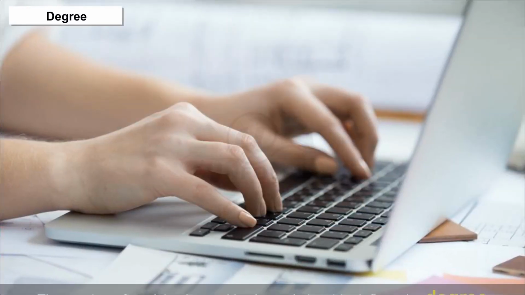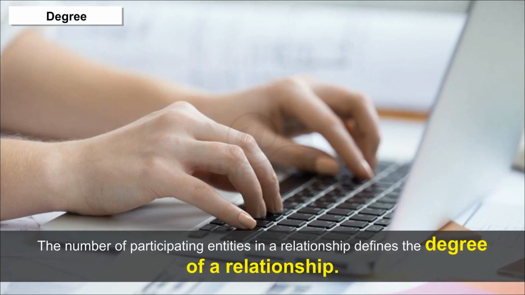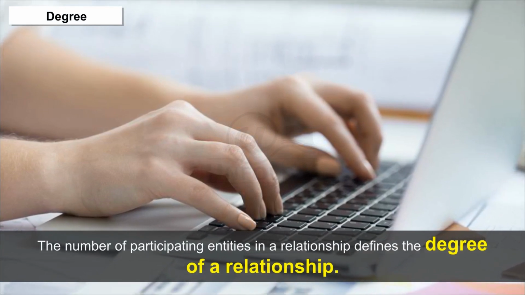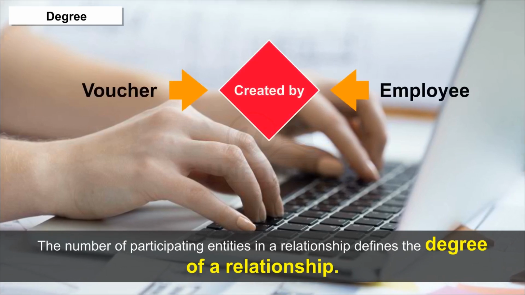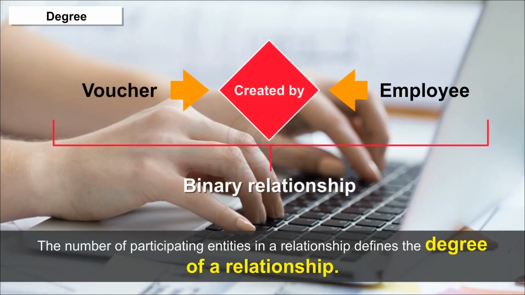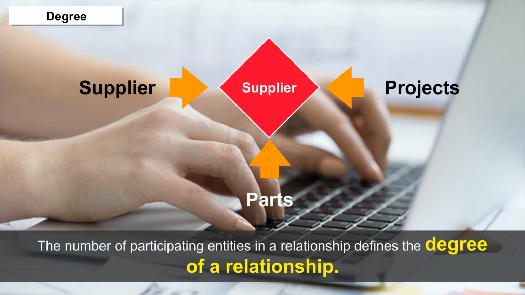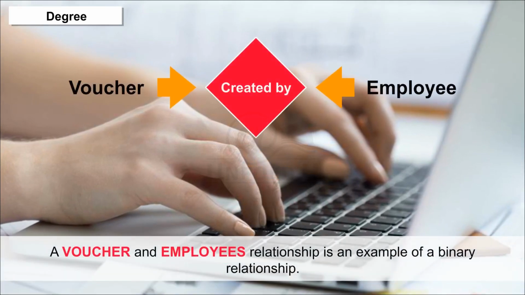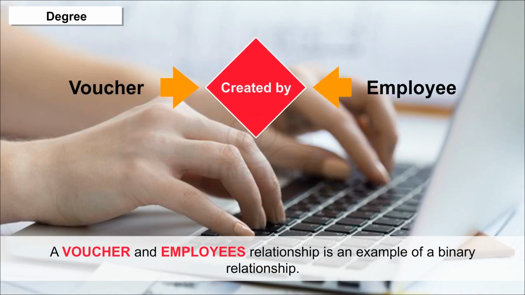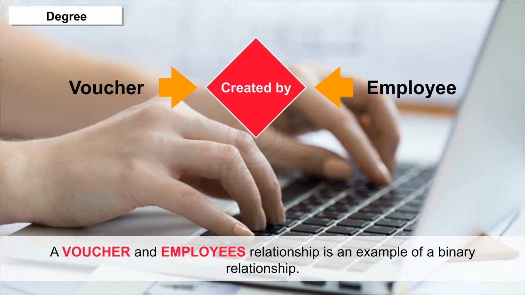Degree. The number of participating entities in a relationship defines the degree of a relationship. A relationship between 2 entities is called binary, and a relationship between 3 entities is called ternary. A voucher and employee's relationship is an example of a binary relationship.